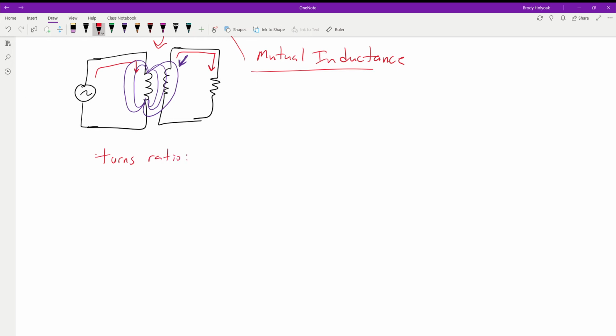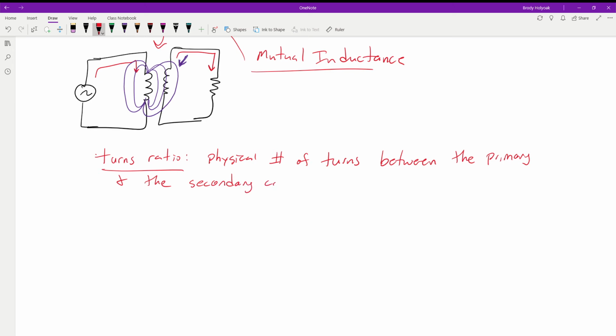It's simply the physical number of turns between the primary and the secondary coils. This translates into how much voltage is transferred. Is it stepping it up? Is it stepping it down?